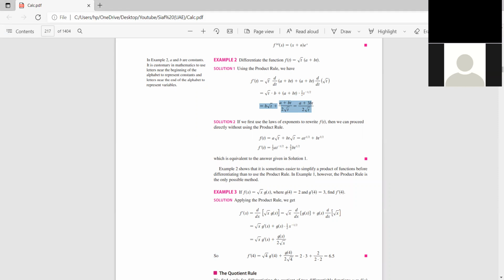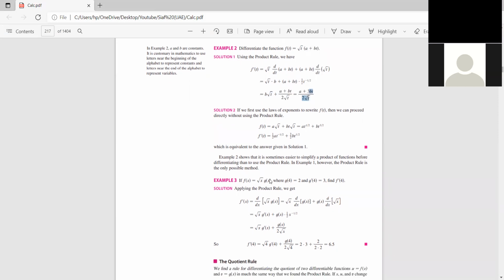They just have simplified our answer, like square root t b, and then I think they have taken the LCM or something. They have simplified the answer further. We have done only this part, till this part. We haven't simplified it.